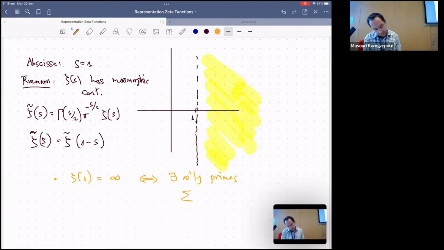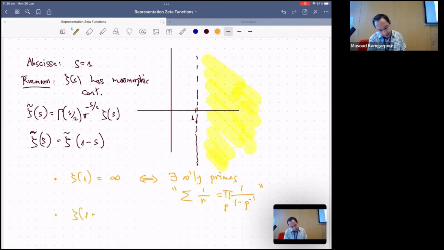The sum of 1 over n is equal to the product of (1 minus p to the minus 1), to the minus 1. So both sides diverge, but we know that this series, 1 over n, diverges, and therefore there must be infinitely many primes. That's Euler's proof.